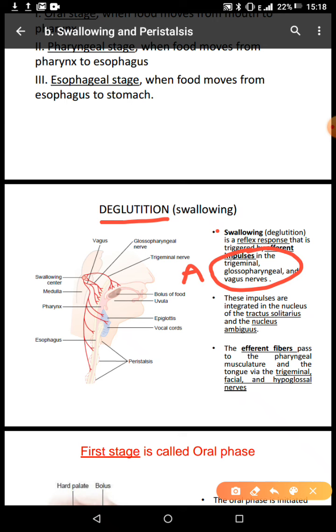Okay. The receptors are located in the pharynx. There's a high density of receptors in the pharynx. So these impulses are integrated in the nucleus tractus solitarius and the nucleus ambiguus. So the swallowing centers are the nucleus tractus solitarius and the nucleus ambiguus.